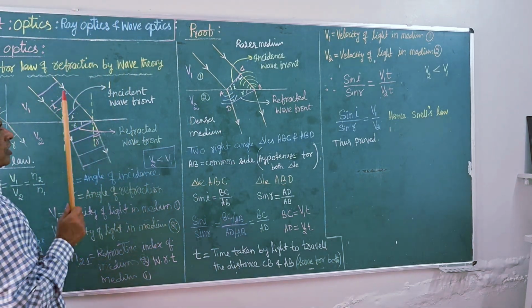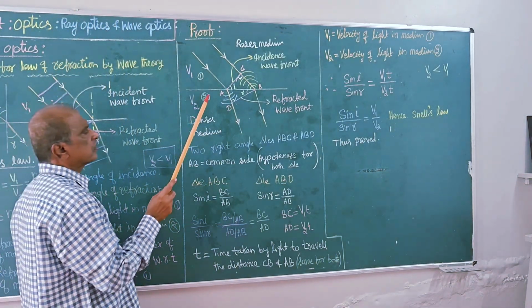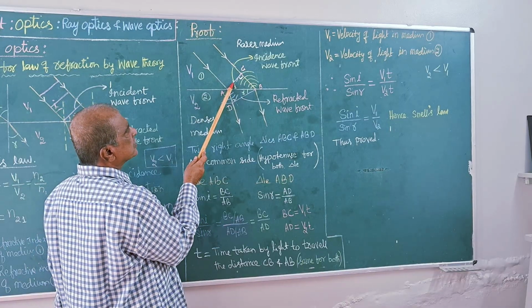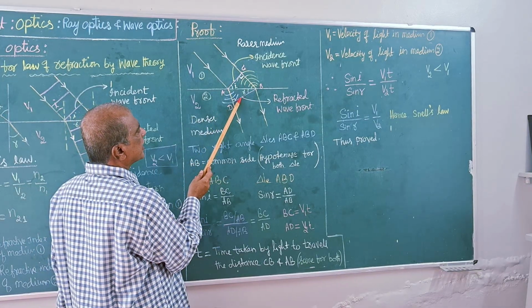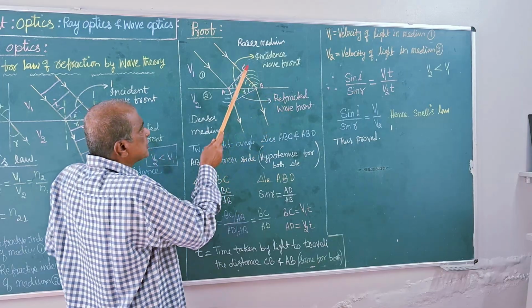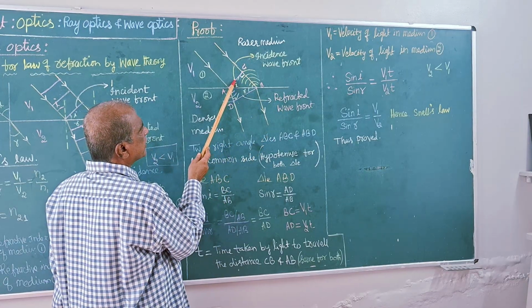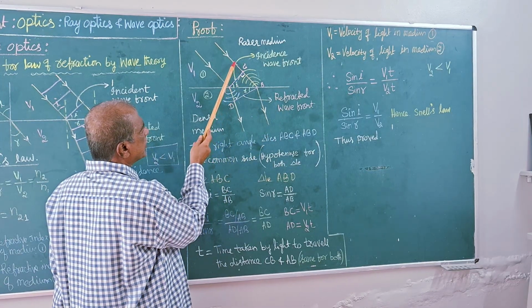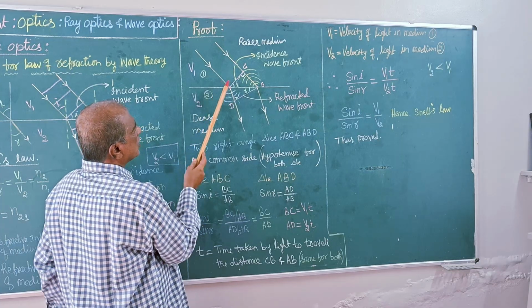I am considering the same geometry here, taking only the incident wavefront and the refracted wavefront, and concentrating on this incident wavefront. Here the incident wavefront is perpendicular to these two lines.